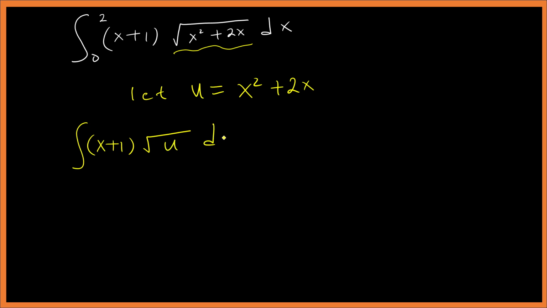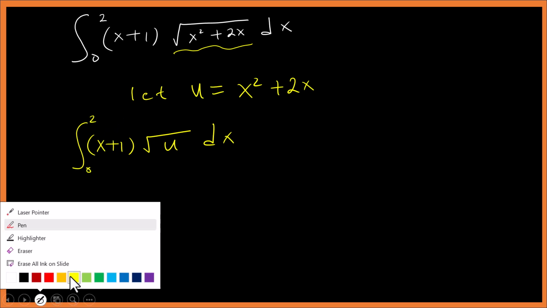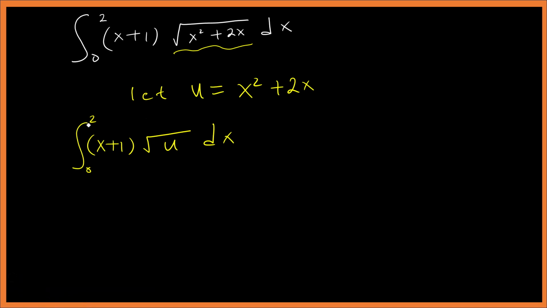Okay, so we have x squared plus 2x as u. All right, now there is a big question mark on the limit since we have u here. We started with x and we have u here. Now let's get rid of this before we can change the limits.